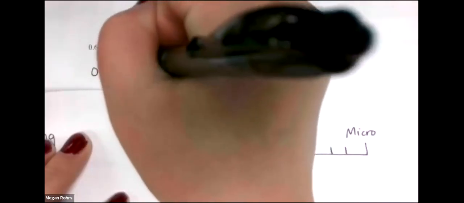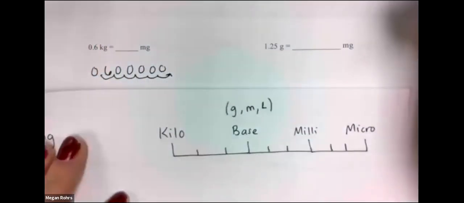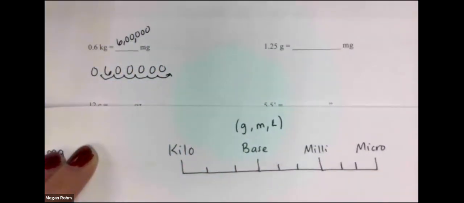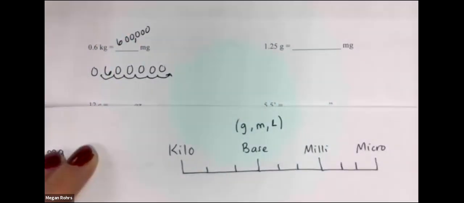So 1, 2, 3, 4, we have 5 zeros there. So 6 kilograms is actually equal to, oh, I put my decimal in the wrong spot there. I apologize. It's actually 6,000 milligrams.